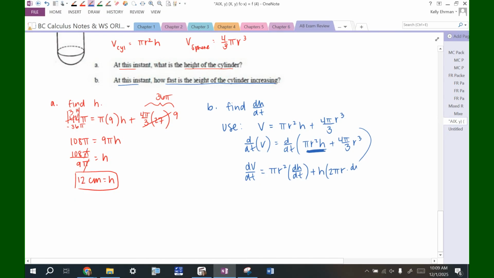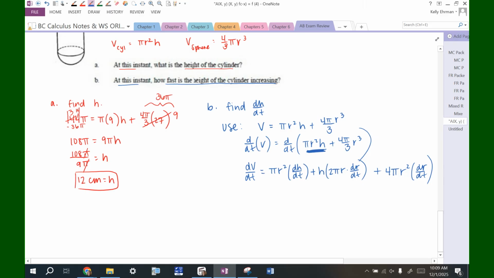Remember that r needs a dr/dt as well. Chain rule on both of those. Plus the derivative of this. So 4/3 pi times 3 will be 4 pi r squared times dr/dt. That was power rule and then chain rule.